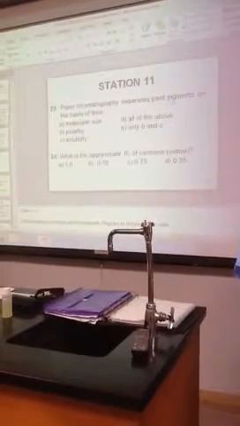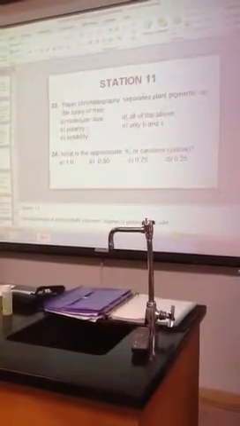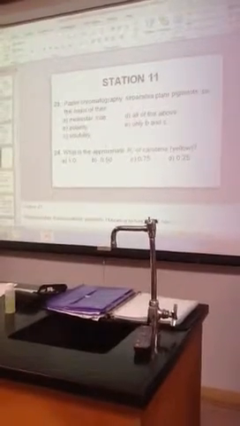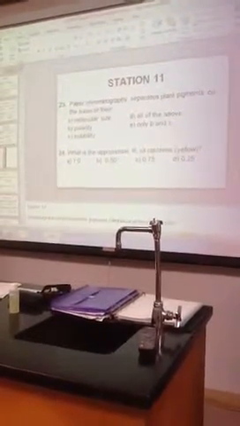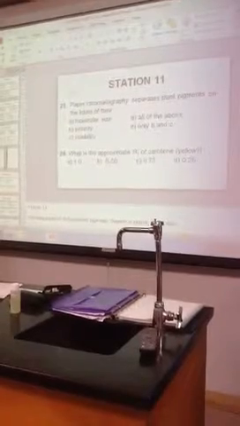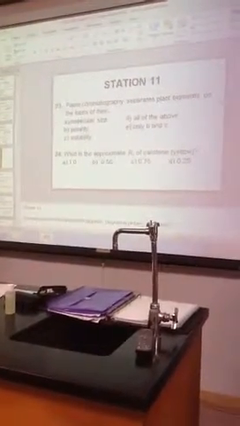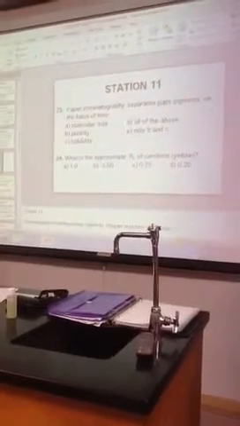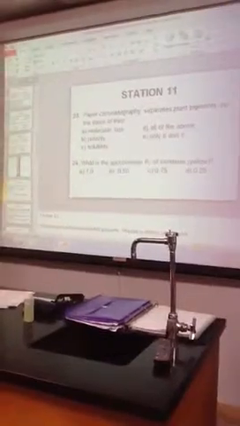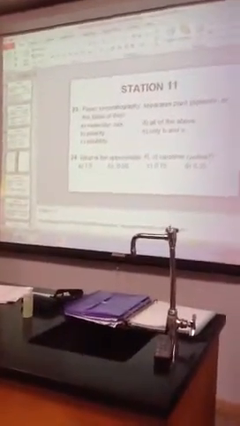Paper chromatography separates pigments on the basis of their solubility. I can give you that paper for you to measure the Rf. And the Rf is the distance from the point of application to the distance at the end of it. Okay.